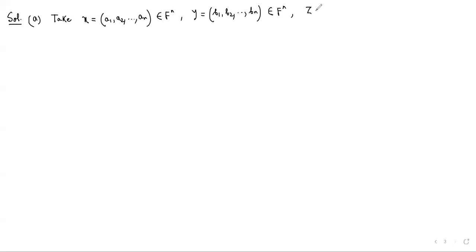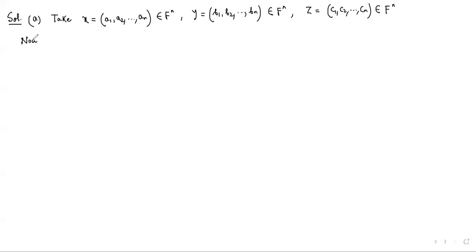Solution. Let's start the problem and then we'll move on to the next session and continue. First, we need to show property 1, for which we take 3 elements from Fn. This is the one element, x equals a1, a2, an. y equals b1, b2, bn is the second element. z equals c1, c2, cn is the third element.